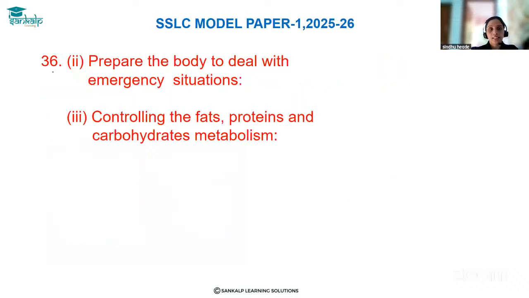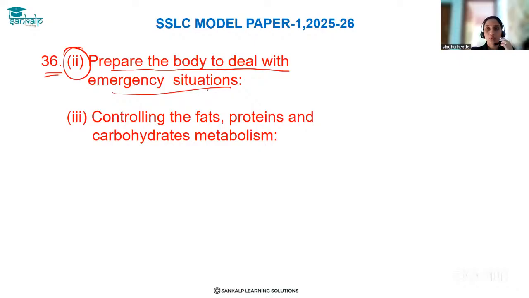In the 36th question, the second one: prepare the body to deal with emergency situations. Which hormone prepares the body to deal with emergency situations? The question is which hormone prepares our body to react in emergency situations.